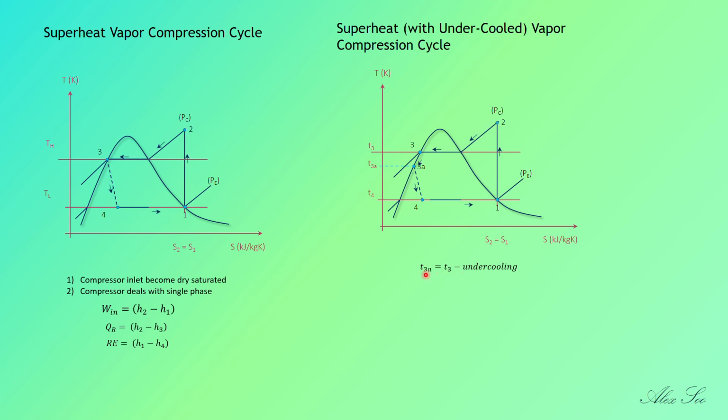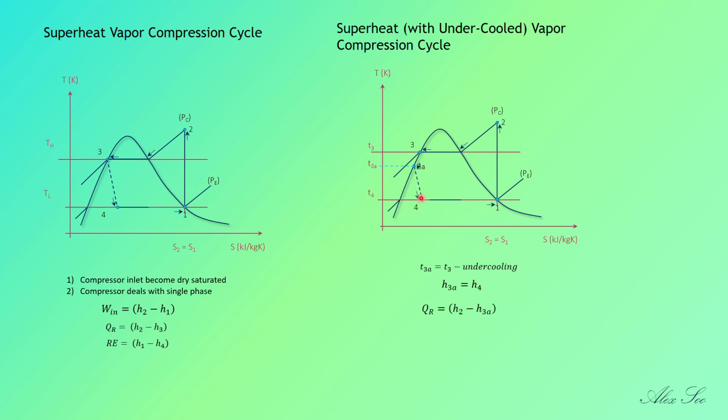So you will have T3A. Then from T3A, you'll be able to find the enthalpy H3A. And H3A is equal to H4, remember, because that is an irreversible throttling process there.